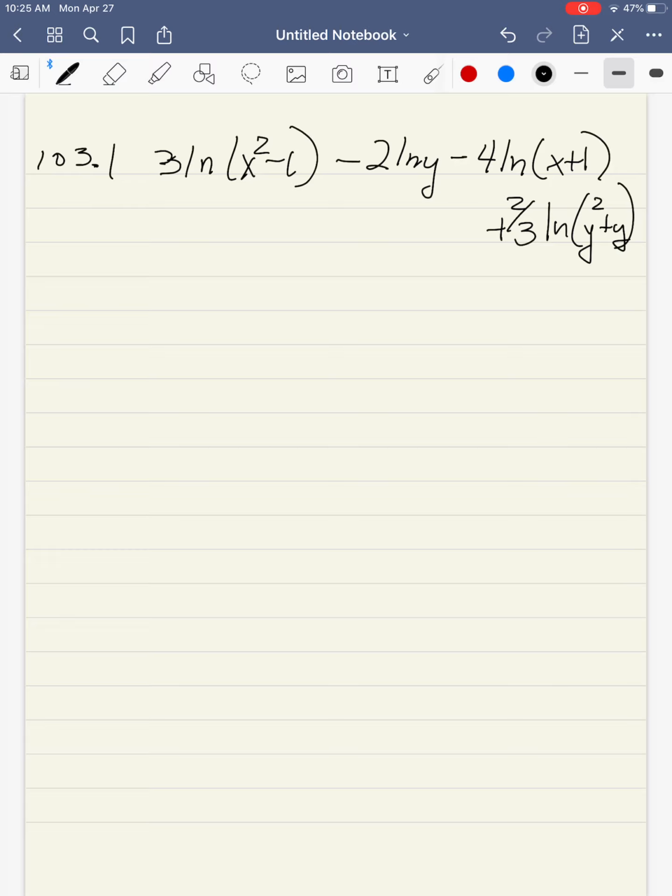All right, so the first thing we can do is apply each one of these exponents. So this 3 is an exponent here, 2 is an exponent here, 4 is an exponent here, and 2/3 is an exponent here.